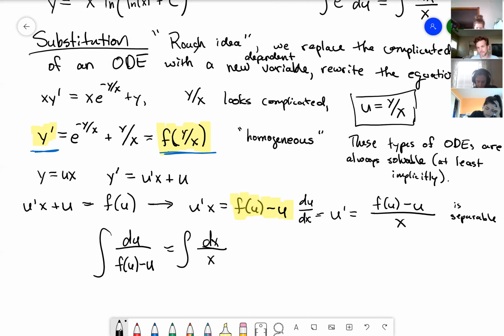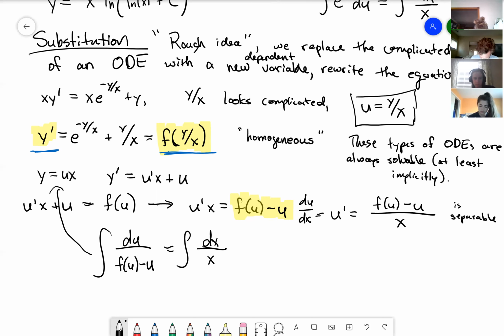And so at the very least, we have an implicit solution. If we can do these integrals, then we can get an explicit solution. Well, if we can do these integrals, then solve for u, and then we can use u to get y.